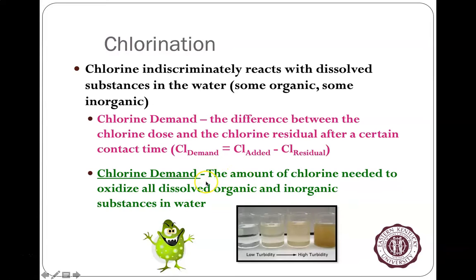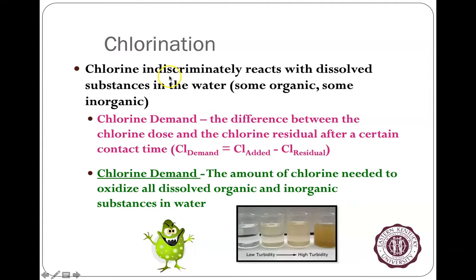There's stuff in the water that is organic and inorganic that will bind or interact with the chlorine. So chlorine demand is how much you need just to deal with all of the organic and inorganic substances in the water. The chlorine will interact with stuff in that water early on.